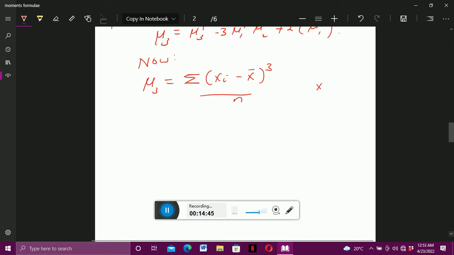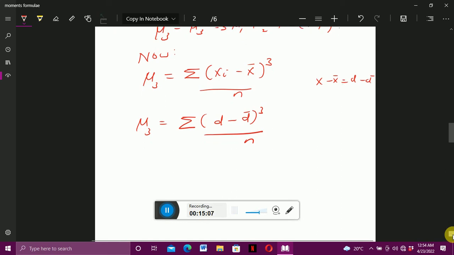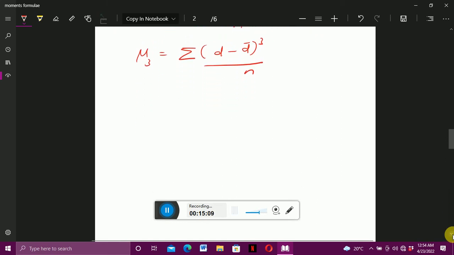We said x minus x bar is the same as d minus d bar. So we can write mu3 is the sum of (d minus d bar) all that cubed, divided by n. When we have it like that, again we can expand what is in the brackets and we get mu3.